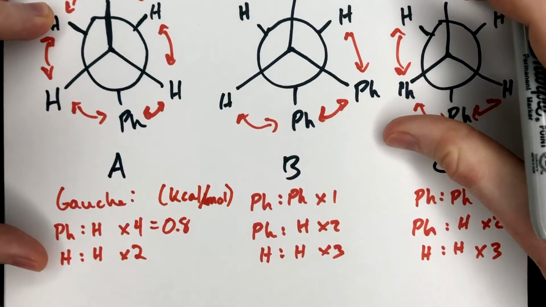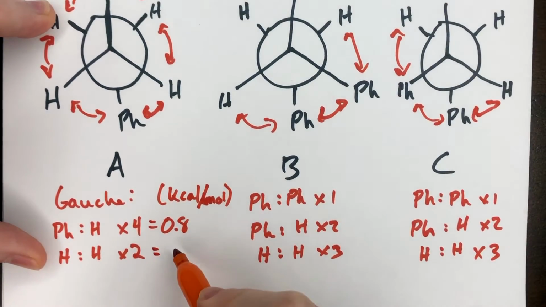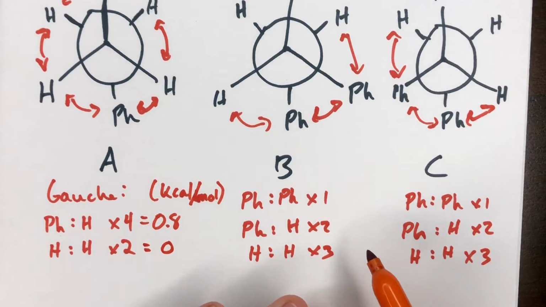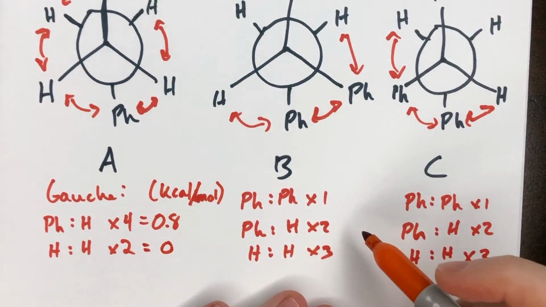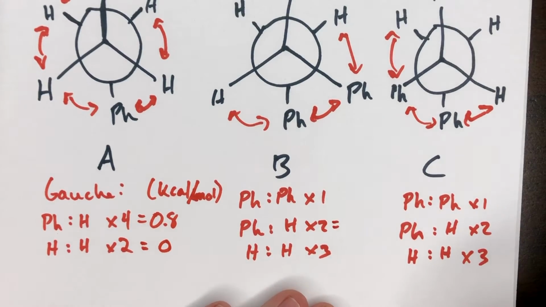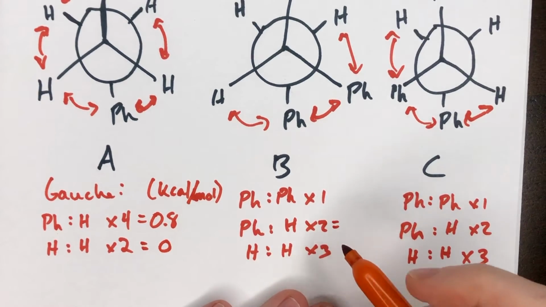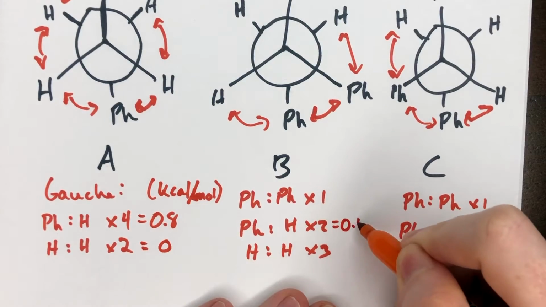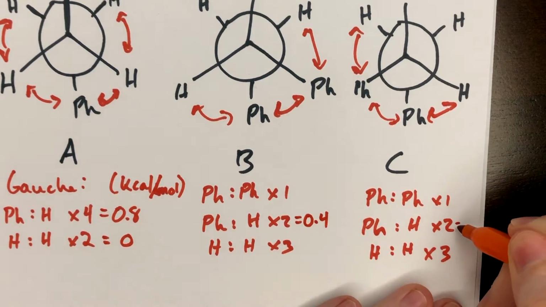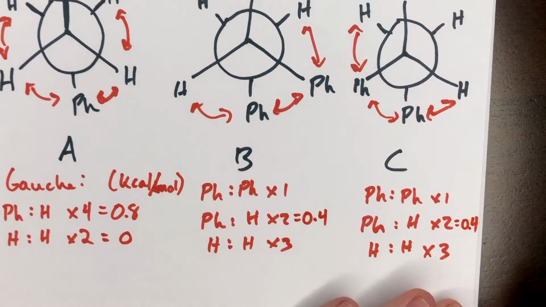So that's here, 0 times 2 is 0. Then let's go to B and C. We know the phenyl-hydrogen interactions because we just looked at that, and that is 0.2 per interaction. There's 2 of them, so this is 0.4 kcal per mole increase in energy, and that's the same over here, 0.4 kcal per mole.